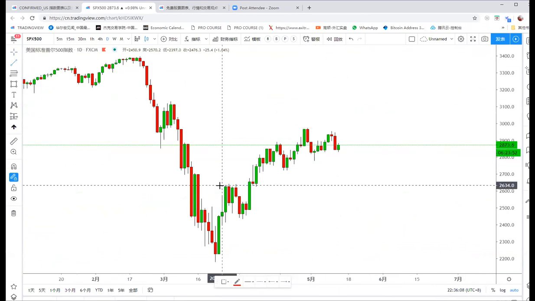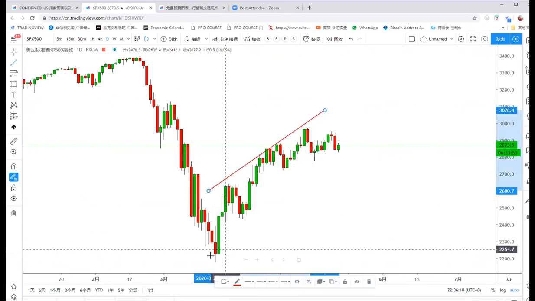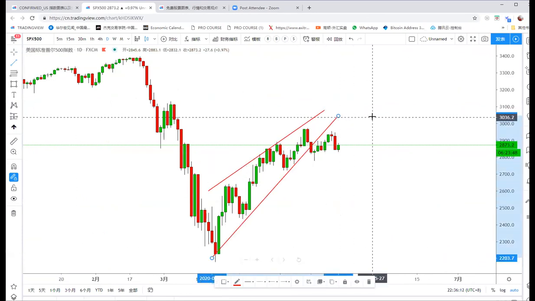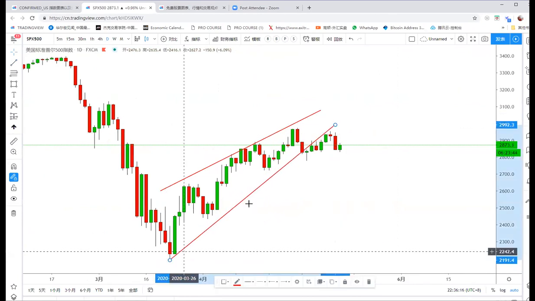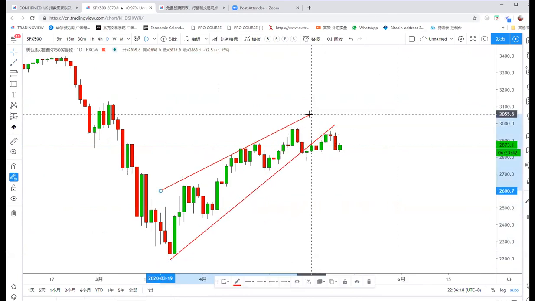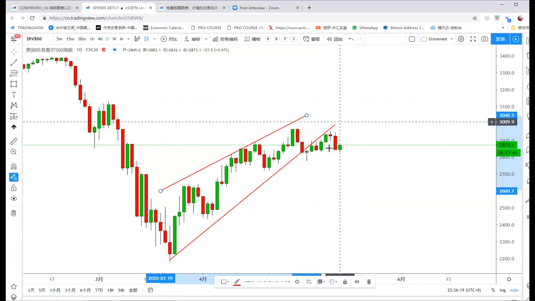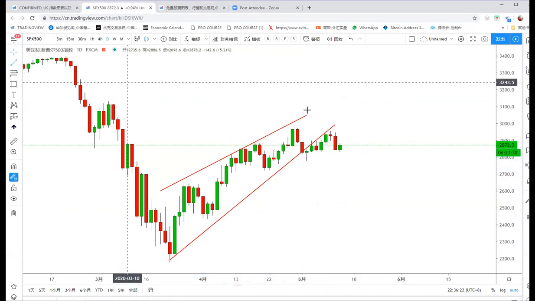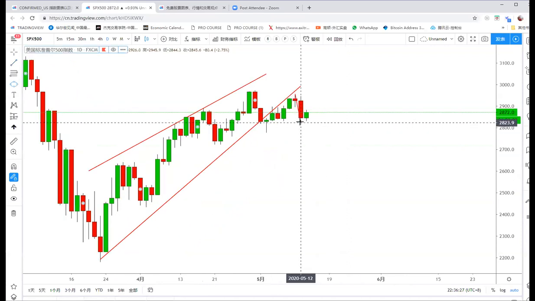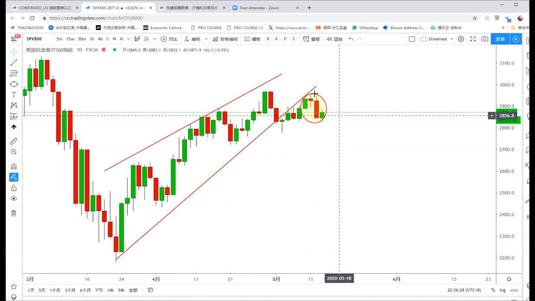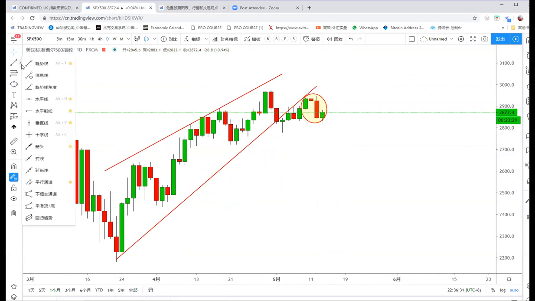I said we have to observe this channel, right? Now we can see this channel has been broken. This wedge was broken. This downside move already happened. This big red candle tells me it failed to create that high.